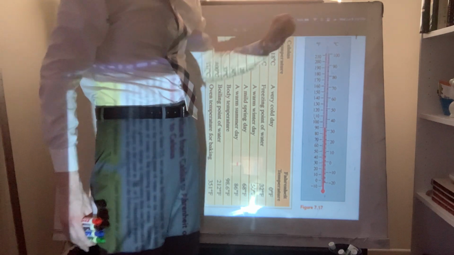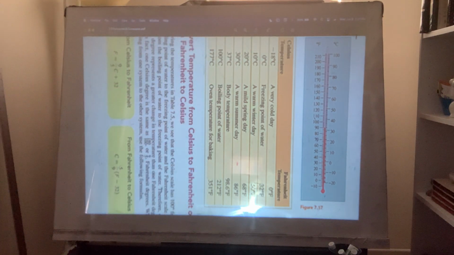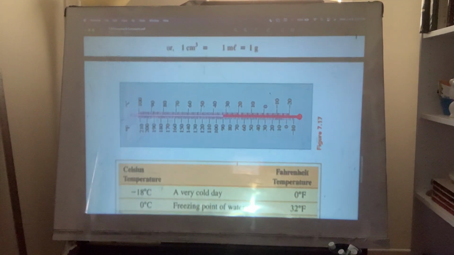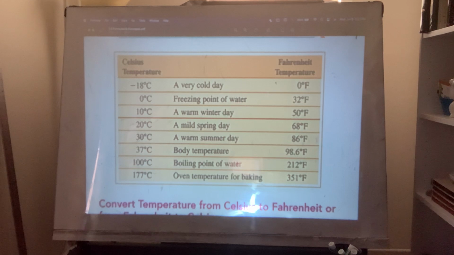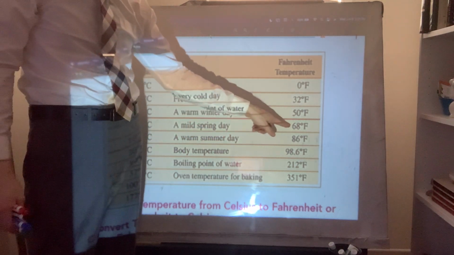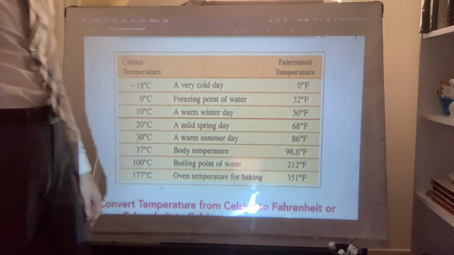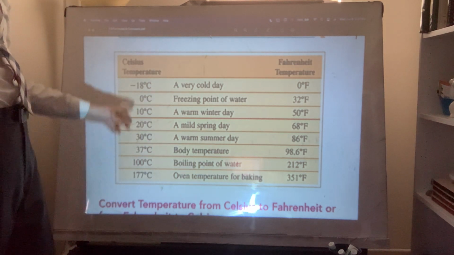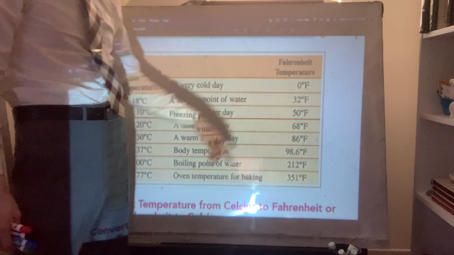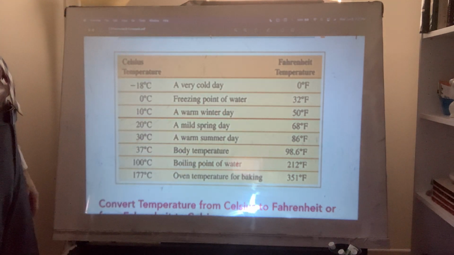Now the table immediately underneath it is to get you, as an American, more comfortable with what correlates here. Again, 20 degrees Celsius is a nice day, a nice temperature, 68 degrees Fahrenheit, room temperature we would call it. 0 on the Celsius is what we regard as, oh, it might snow, even if it doesn't stick.